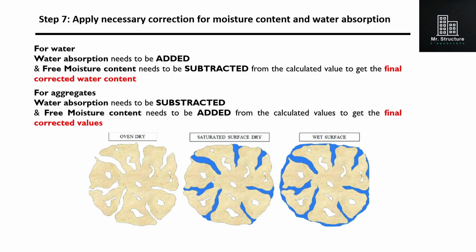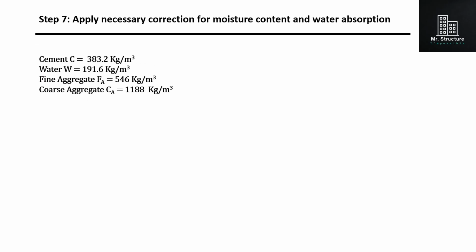For the aggregates, water absorption needs to be subtracted and the free moisture content needs to be added to the calculated values to get the final corrected values. The values of cement content, water, fine aggregate and coarse aggregate obtained so far can be seen on the screen.